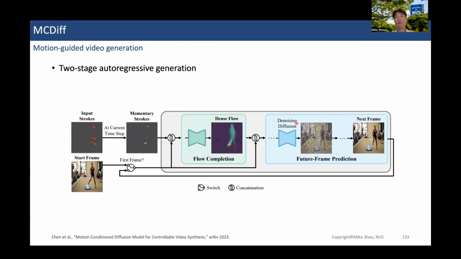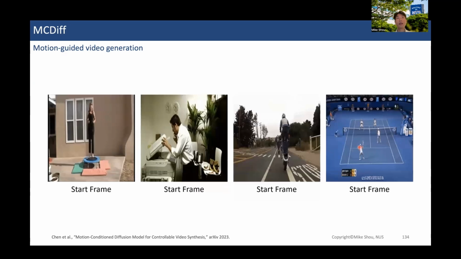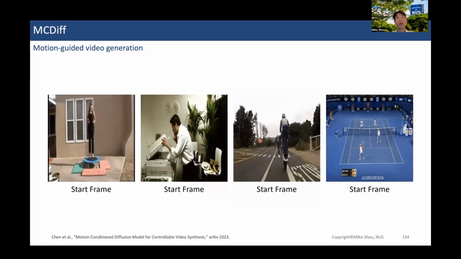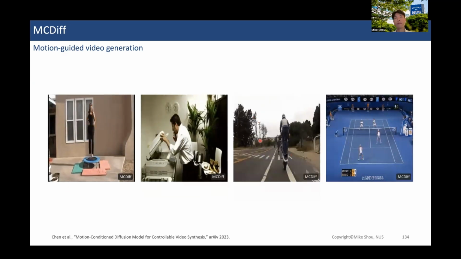Then the diffusion model takes the flow as condition, together with of course the starting frame, for next frame generation. And here are more examples of the generated video, and you can see it aligns well with the strokes drawn by the user.